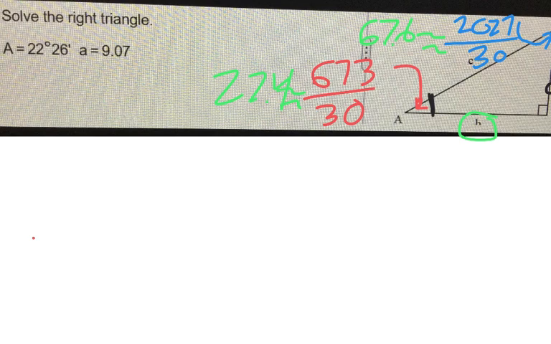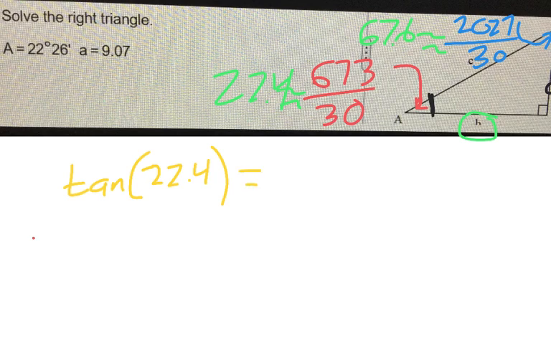So from angle A, I know the opposite side. I'm looking for the adjacent side. So the trig function that deals with opposite and adjacent is tangent. So we could say tangent of the angle, which again, I'm just going to put 22.4.